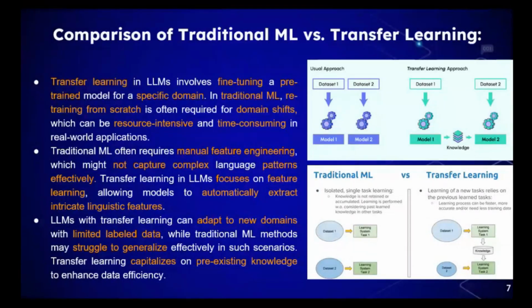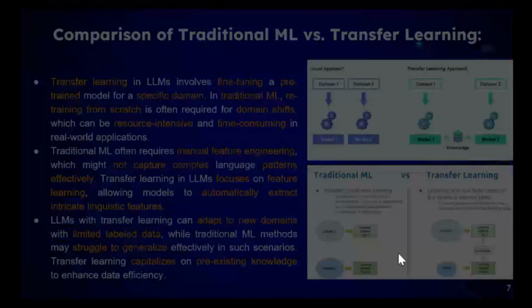Traditional machine learning also requires more training data compared to transfer learning. This is because the model is learning from scratch and does not have any prior knowledge. Transfer learning, on the other hand, can utilize the knowledge that the pre-trained model has learned from the source model.